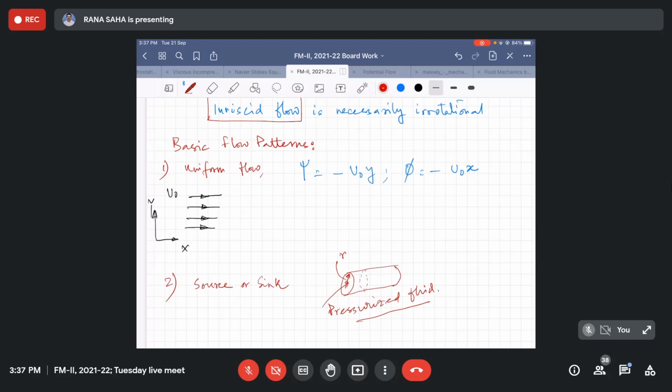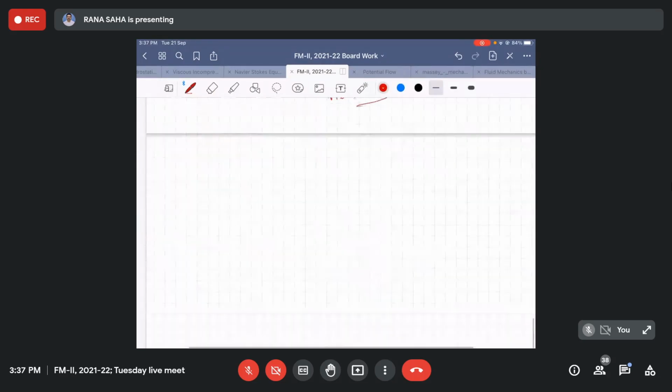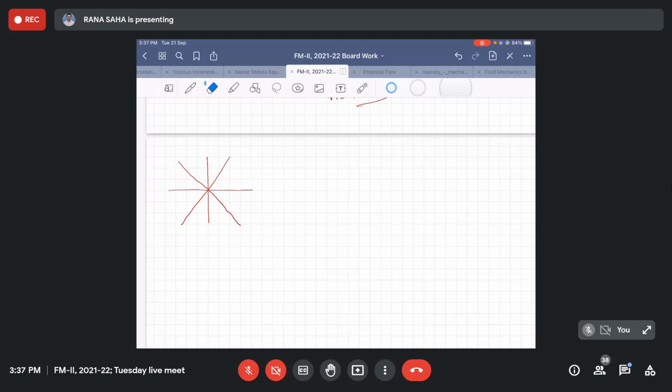Basically, the way it is being represented is at a particular cross section, perpendicular to the axis, like this. You are having all radial lines, with a discontinuity at the center.